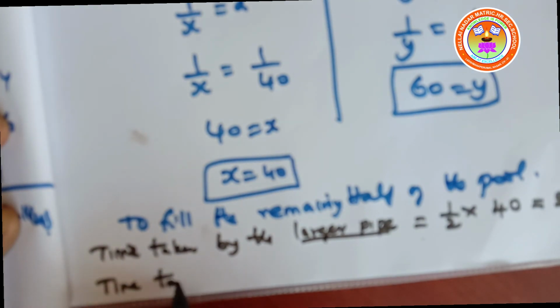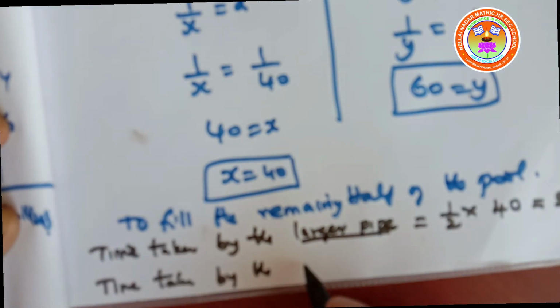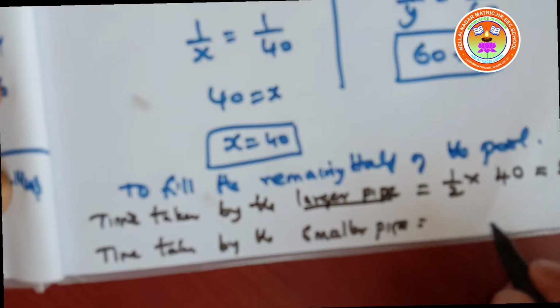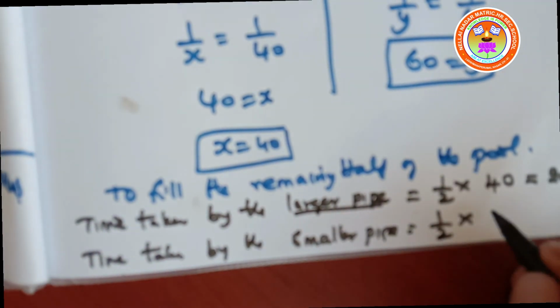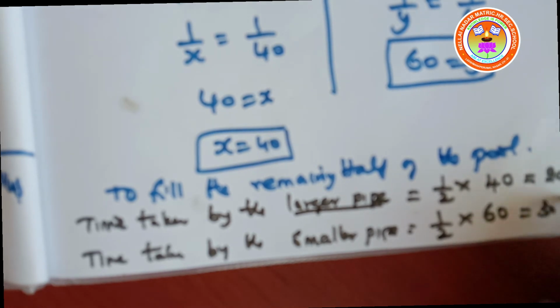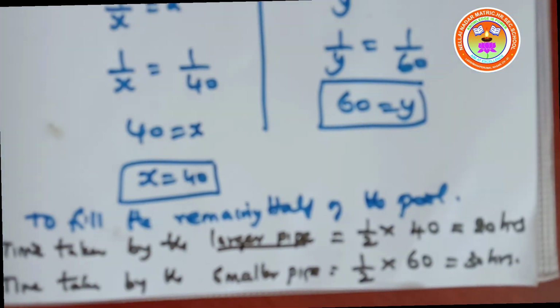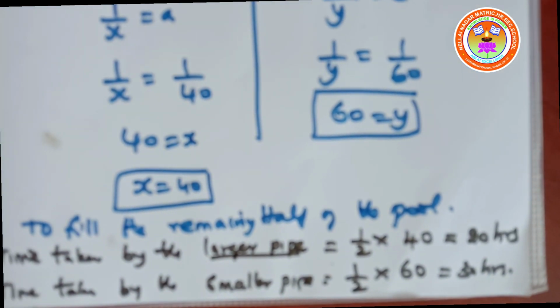Time taken by the smaller pipe is equal to 1 by 2 into smaller pipe, which is 60, that is equal to 30 hours. It's clear, children? This is the solution. By this we are completing exercise 3.13.